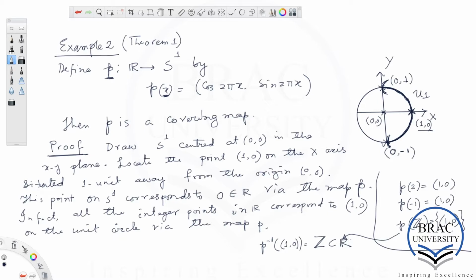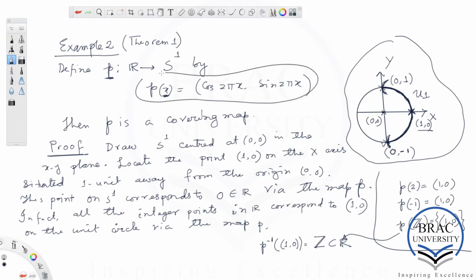Using this figure of the unit circle and the formula for P, one immediately sees that the inverse image of this point (0, 1), or the north pole here, is going to be n plus 1 over 4, where n belongs to the set of integers.